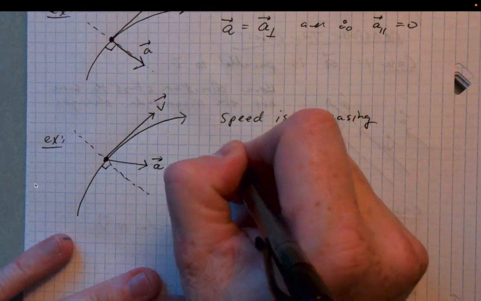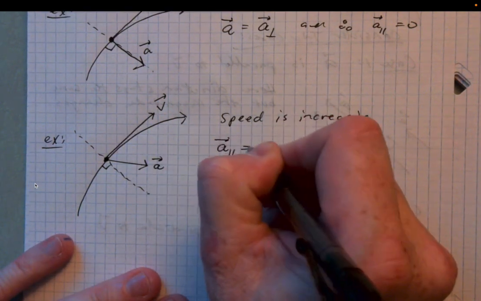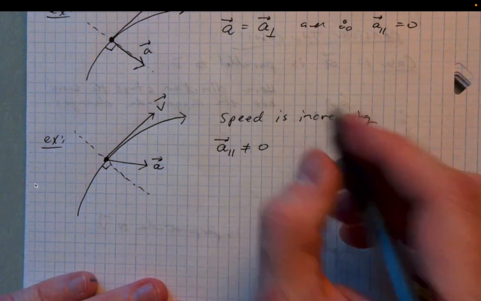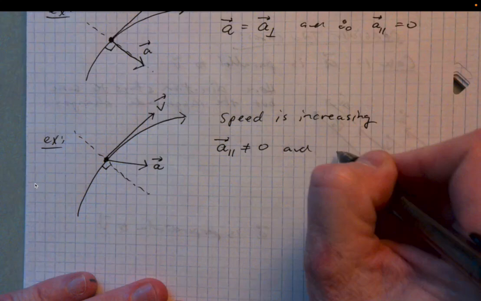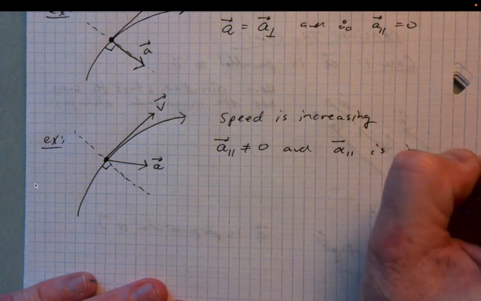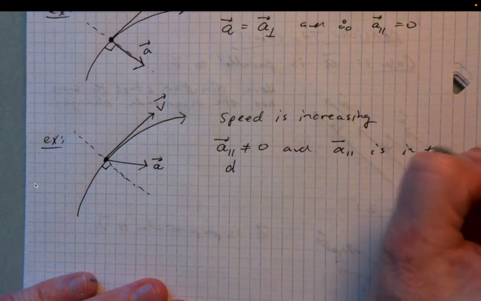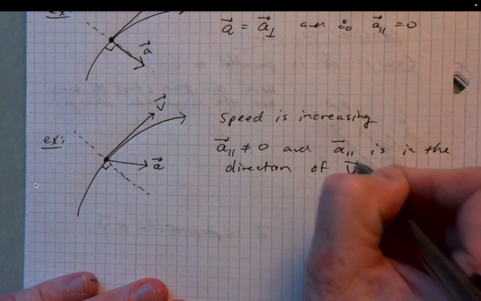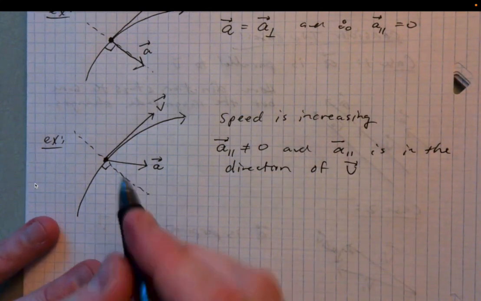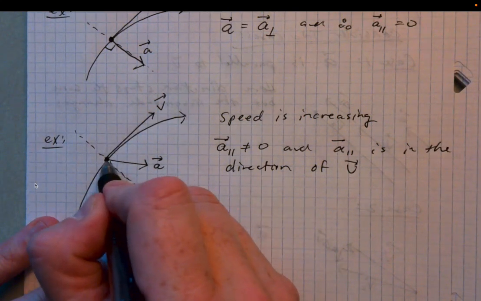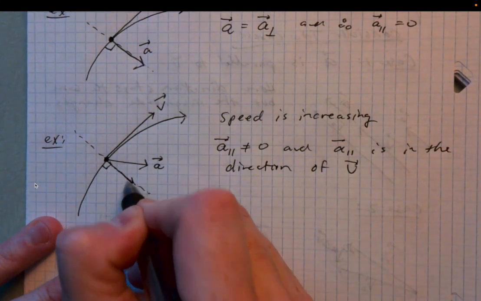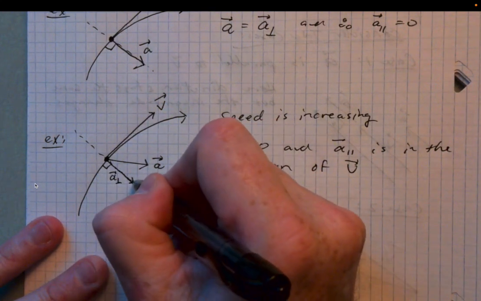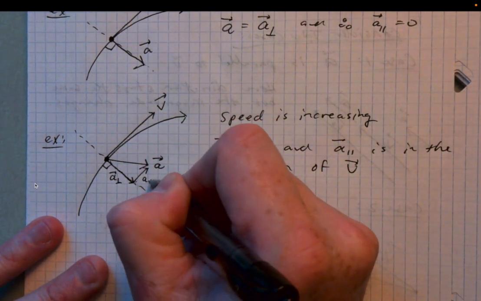right? So in this case, A parallel is not equal to 0. Okay, it's not equal to 0, and A parallel is in the direction of V. Can we see that? Well, if we were to break this down, I've obviously got A perp here, and then this would be A parallel, right?